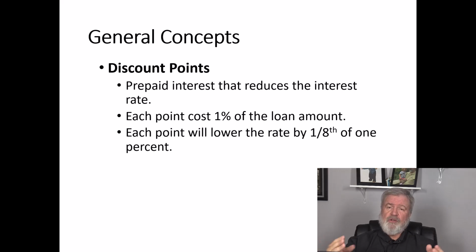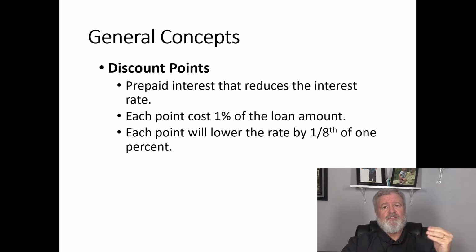Well, is mortgage interest tax deductible for tax purposes at the end of the year? Yes, it is. You can deduct that for tax purposes, but if you recall, only the buyer can deduct discount points for tax purposes.